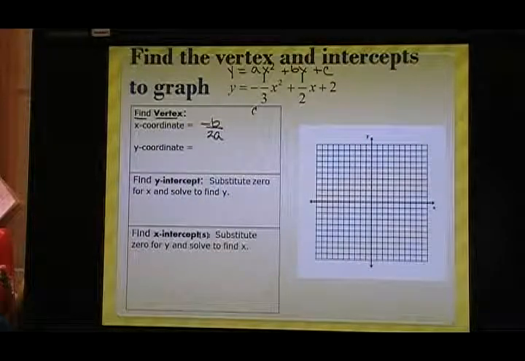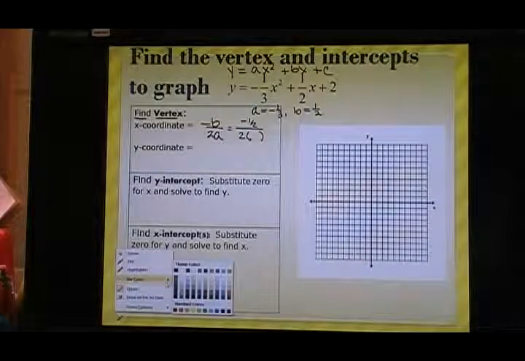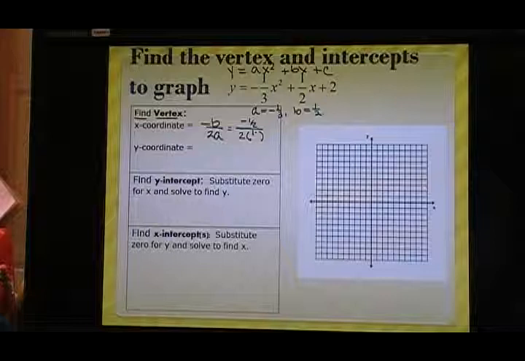Okay? So the value of a is negative 1/3, and the value for b is positive 1/2. So we have negative 1/2 over 2 times negative 1/3.